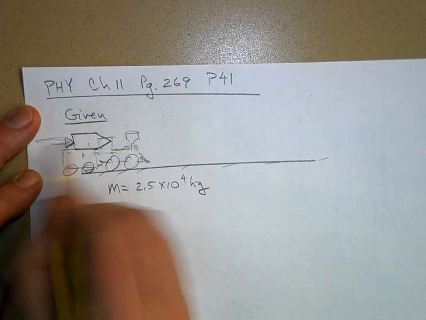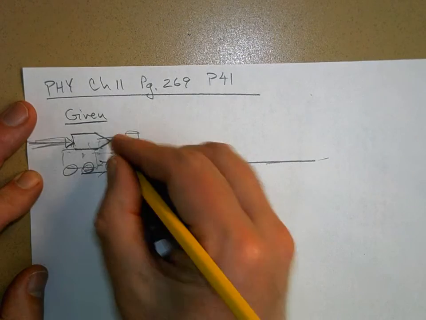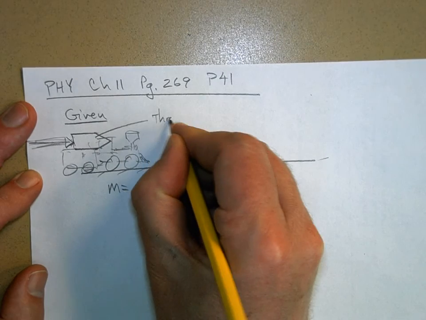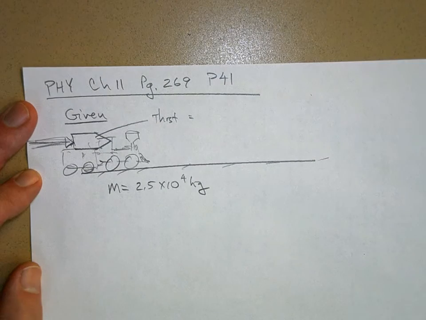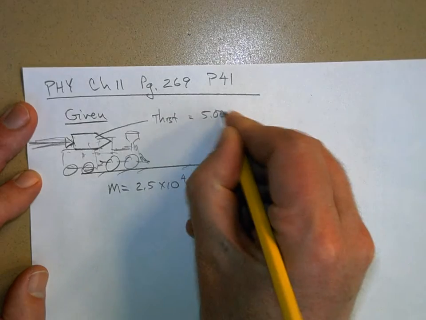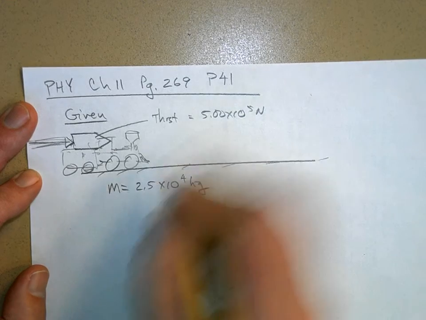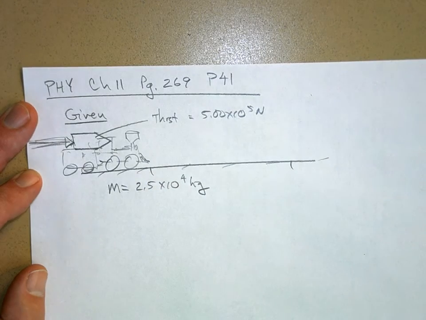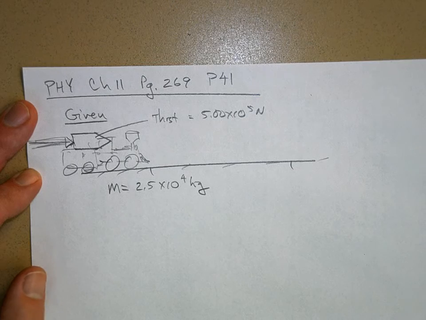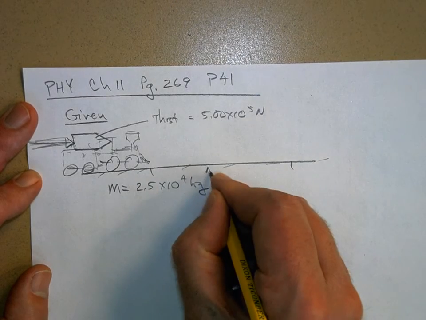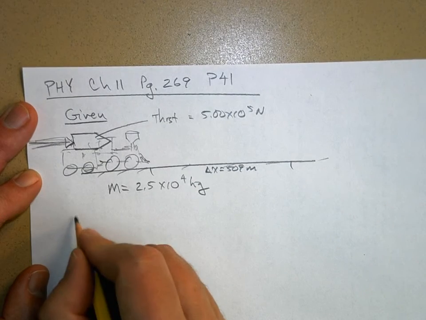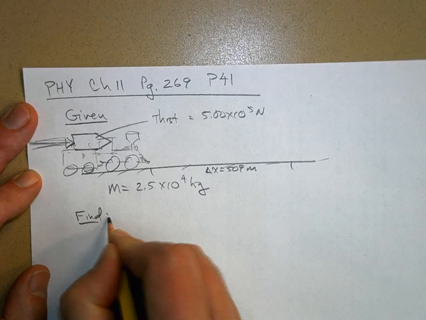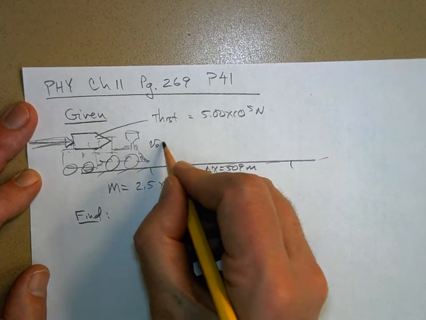And so the thrust from that is equal to how many newtons? 5 times 10 to the 5 newtons. And it went for how far? 509 meters, so delta x equals 509 meters. And I think it also starts from rest.